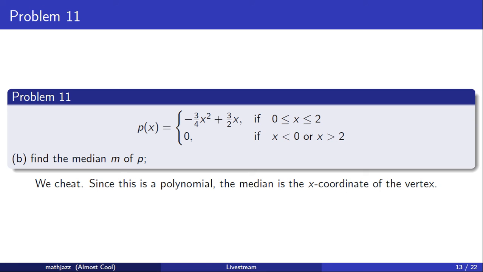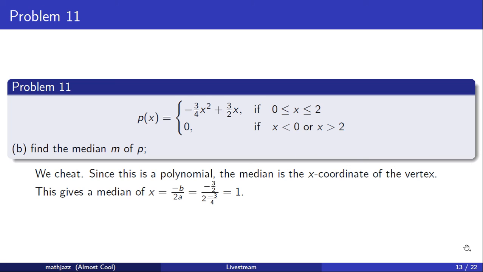We have a polynomial. So the median is going to be the x-coordinate of the vertex. The x-coordinate of the vertex is negative b over 2a. Plug that in, we get 1 as our answer.